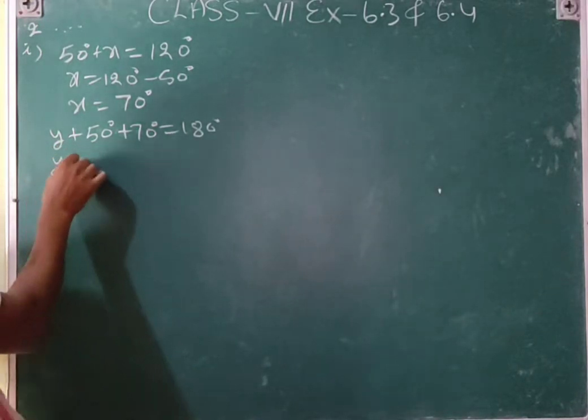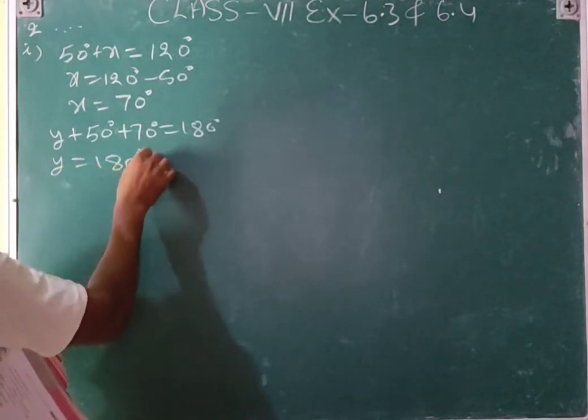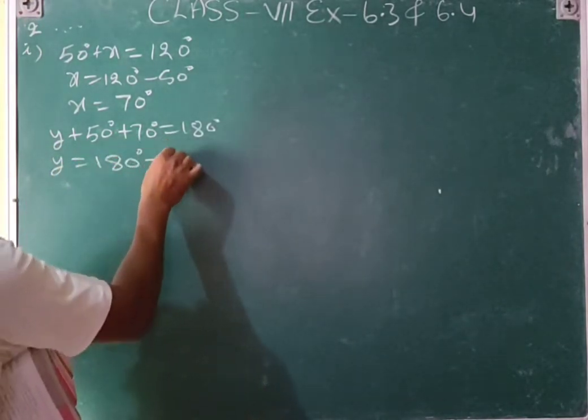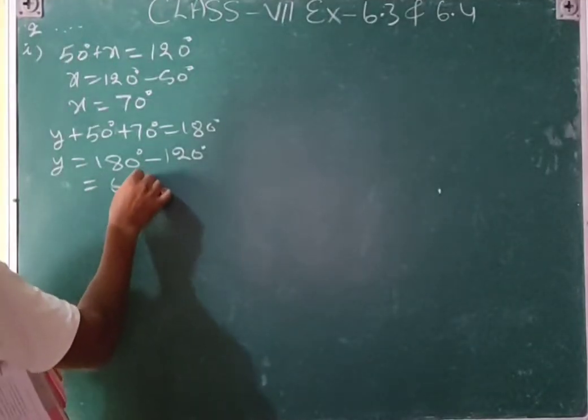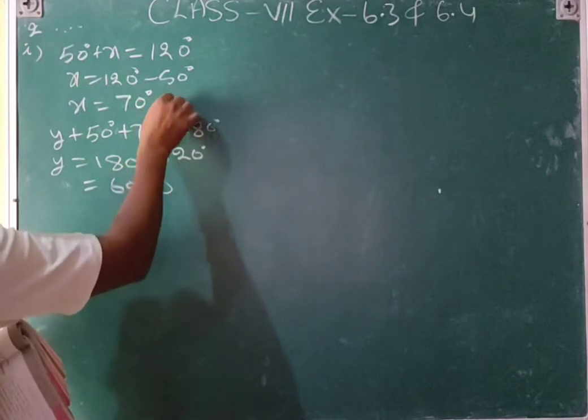So y is equal to 180 minus the sum of these, 120. So that will be 60 degrees. This one is the answer and this one also is the answer.